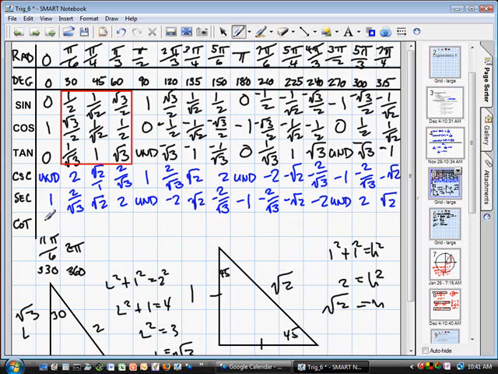Then the reciprocal of the tangent. Now here's your first reciprocal of a UND. Well, there is no such thing, but if you think of it in reverse, the reciprocal of a 0 is a UND. The reciprocal of a UND is not a 0, but you can think of it in the other direction.